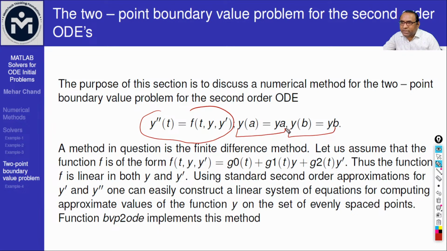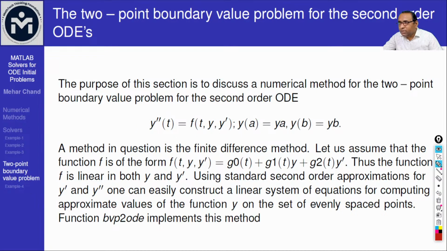These 2 points are given on this interval. If this is the graph, this is the A point, this is the B point, with ya at its place and yb at its place. So in this case, how can we find the solution?